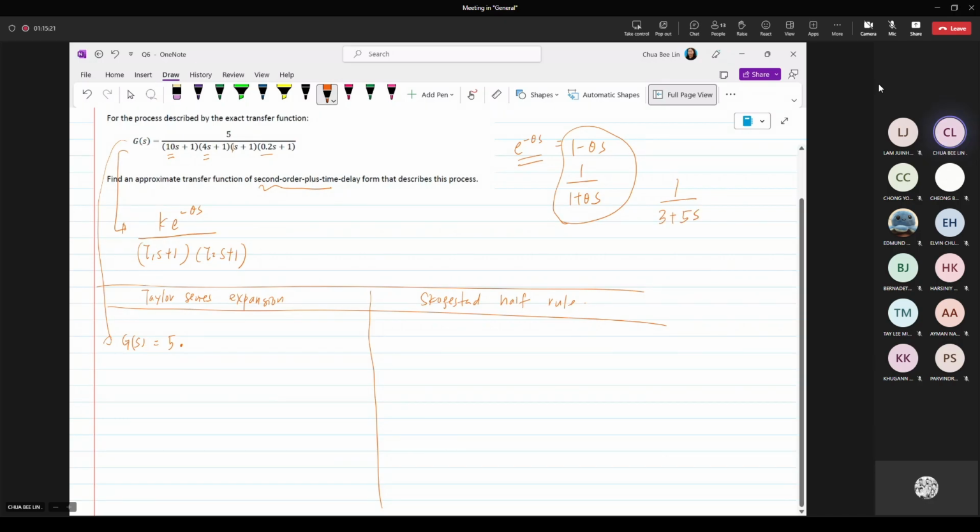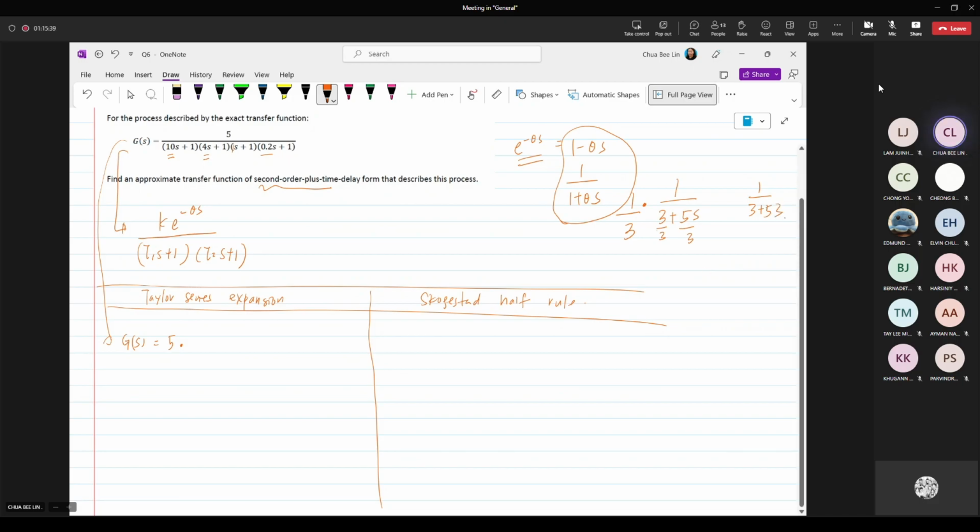is divide by 3. Divide by 3, correct? And then you have to multiply by 1 over 3 here, so that it will go back to the original 1 over 3 plus 5s, correct?